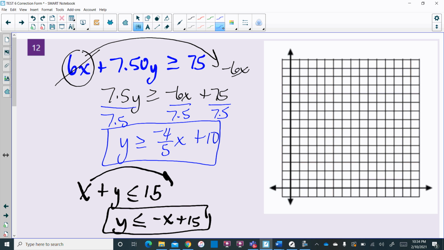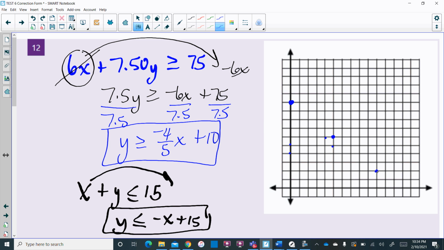So if I go on my blue line, 2, 3, 4, 5, it starts right here. Let me make sure I did that right. Yeah, and then a slope of negative 4/5. There it is right there. Down 4, to the right 5.